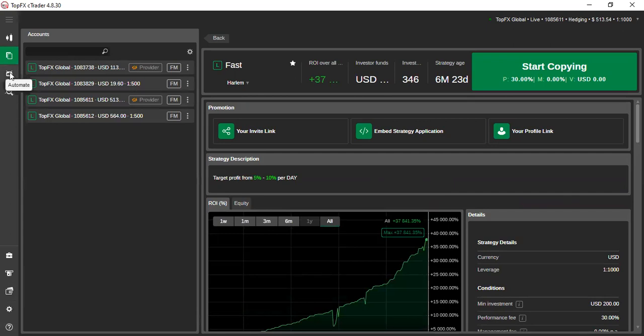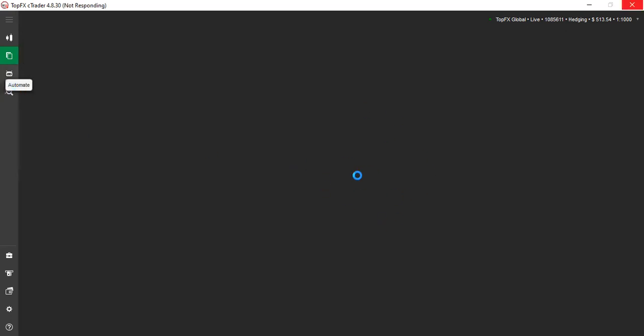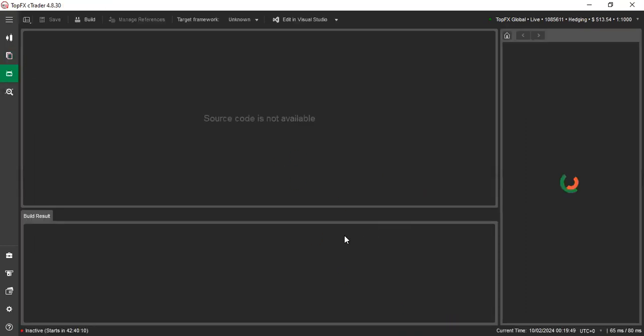Yeah, so automate. It's not working. I don't know why, but you can automate some stuff here. You do not need to have source codes and the rest. All right, that's fine.